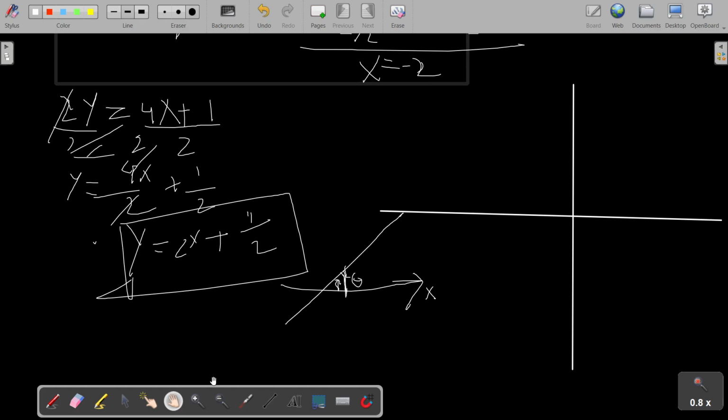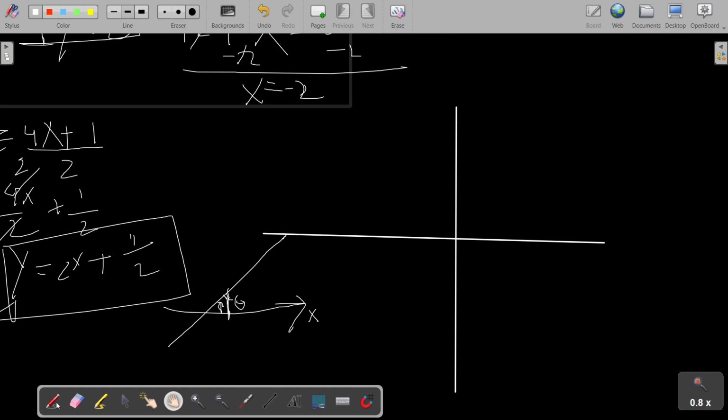Okay, these are the two axes. Now, if I put y is equal to 0, then what will I get? I will get 0 is equal to 2x plus 1 over 2. So we are going to solve for x in this equation.